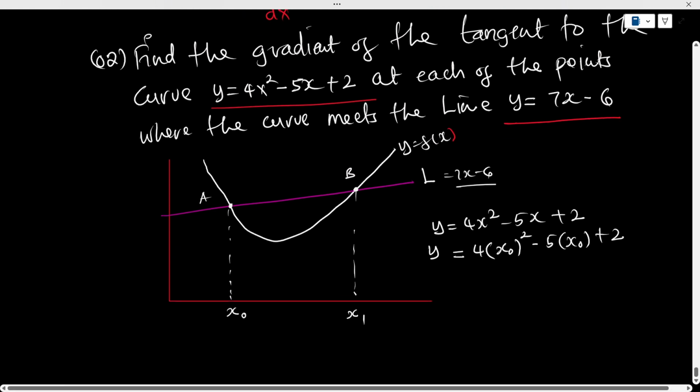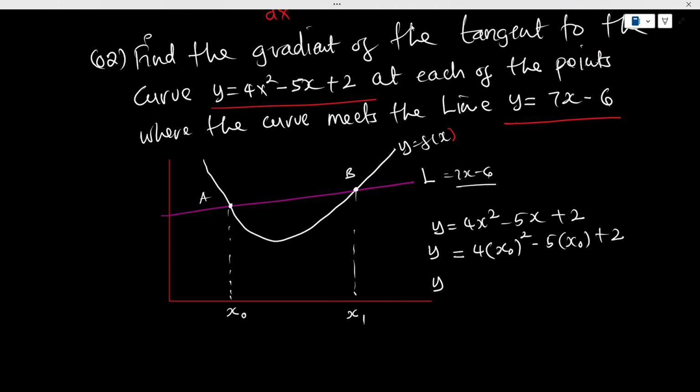If I plug it in here, and then I plug the same value x0 into the line, in the line I'm going to have 7 times x0, minus 6. So I have two values here, the first value and the second value.